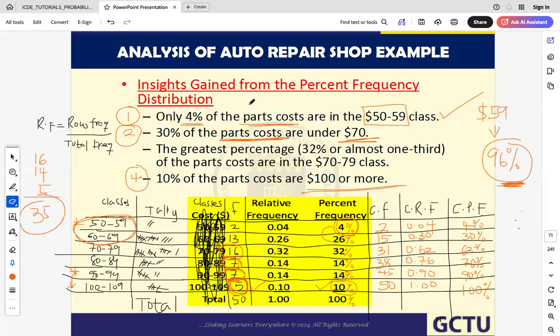So the better picture we have now is that 35 out of 50 invoices had spare parts amounts that were more than $70.